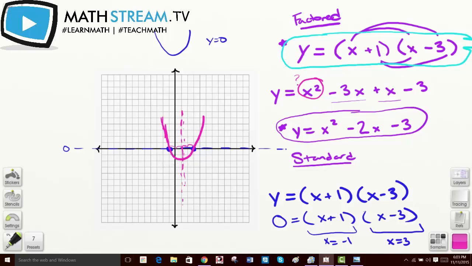So maybe I could try to find out, like, okay, well, where is the vertex? Well, it must be at 1. What happens if I plug in 1? 1 plus 1 is 2. And 1 minus 3 is -2. So 2 times -2 is -4. So I actually could say 1, 2, 3, 4. That this equation actually looks like this.